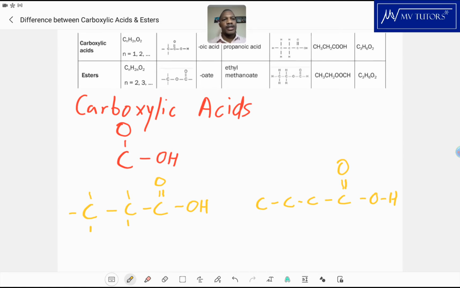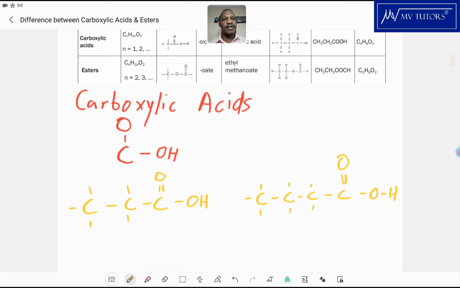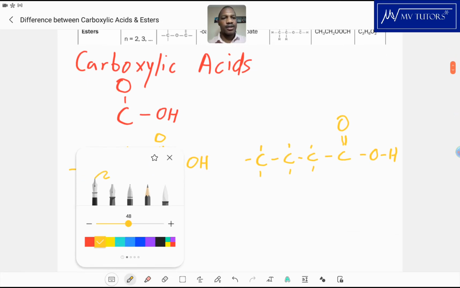All of these carbons have 4. So carbon has 4 bonds, oxygen has 2 bonds, hydrogen has 1 bond. Now that's it.